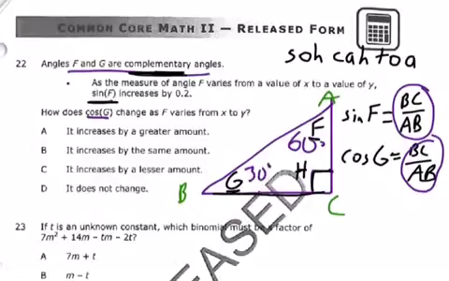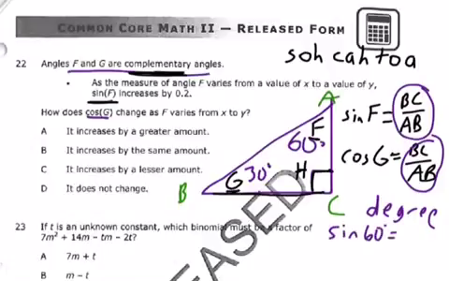Are you telling me that the sine of F is the same thing as the cosine of G? Well, you have your calculator. Make sure your calculator is in degree mode, and I want you to see this relationship. Type in sine of 60, and I'll prove that this is the same.